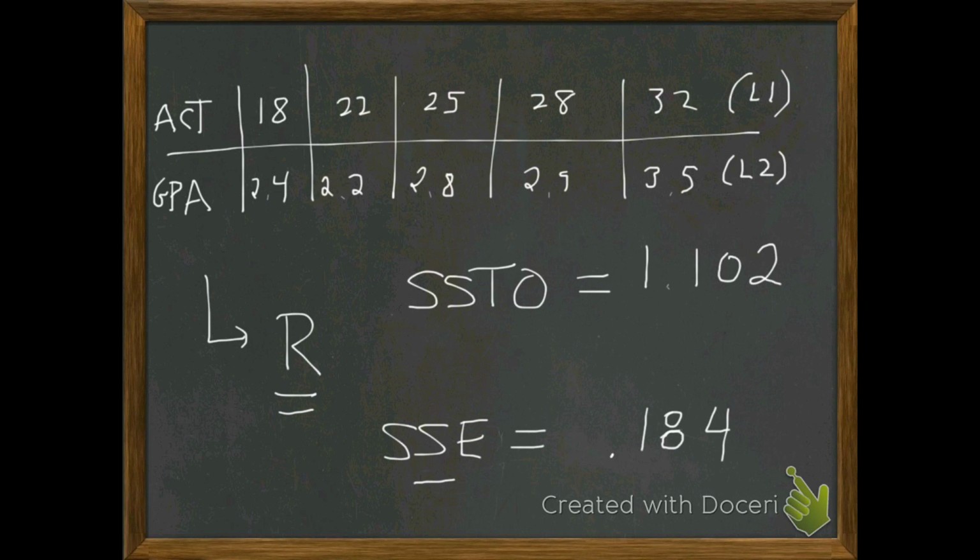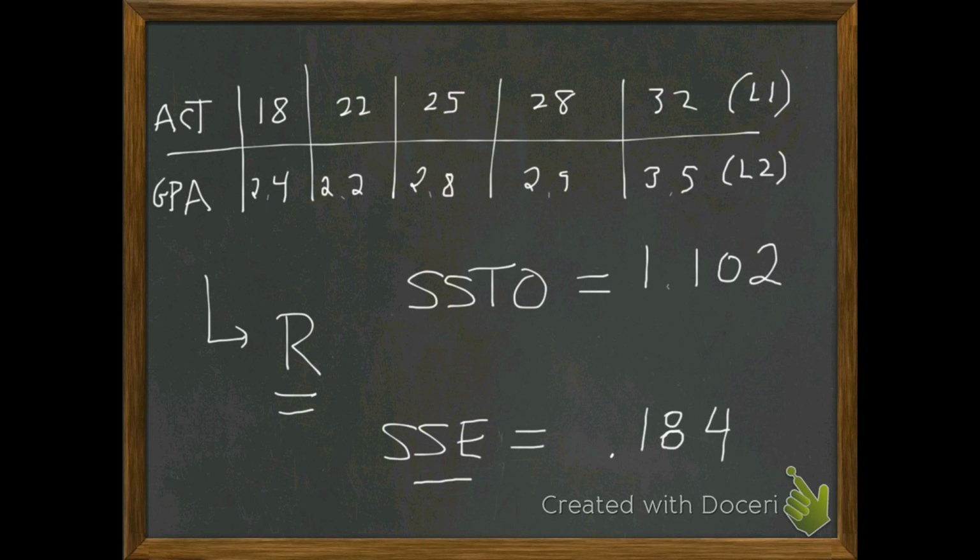If I want the sum of squares for error, I run the residuals, put them in a list, square each one, store it in another list, and sum those up. So, not a lot going on here.